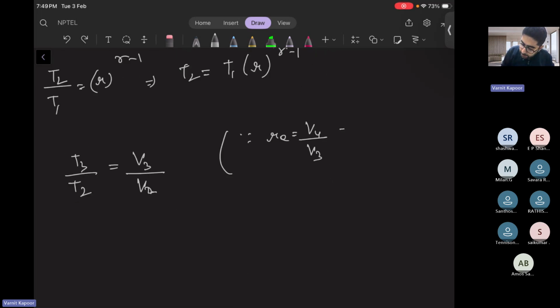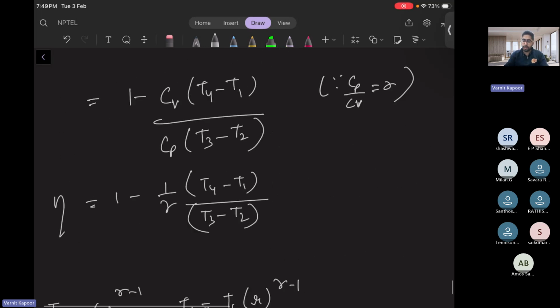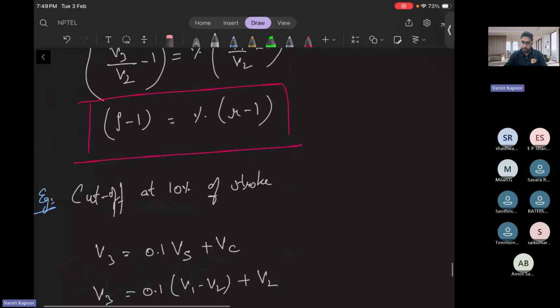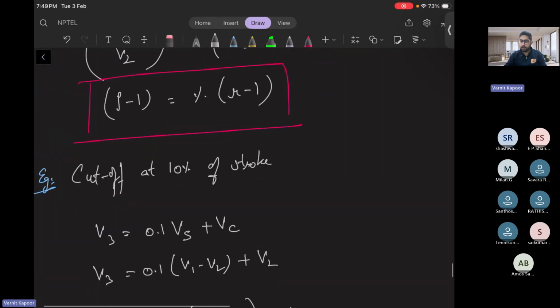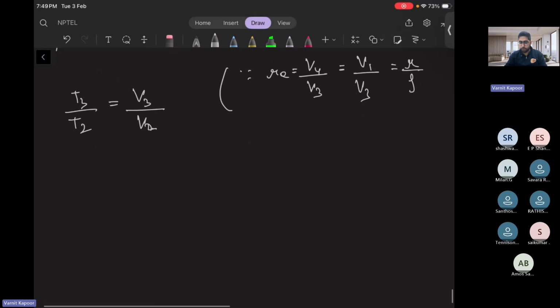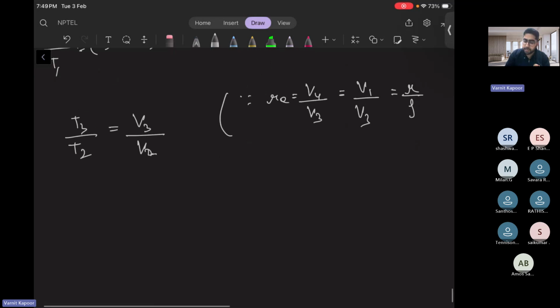And V4 and V1 are equal, and V3 and V2 are not equal. So it will be V1 by V3. And we also know that the expansion ratio is the compression ratio divided by the cutoff ratio. We have just proved this here. Expansion ratio is R by rho, sorry, why am I saying gamma, R by rho.